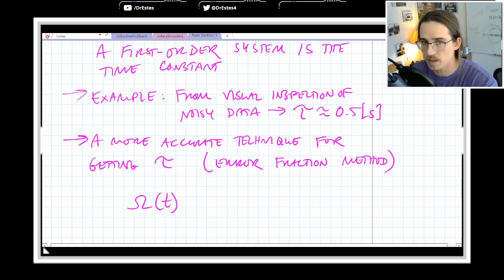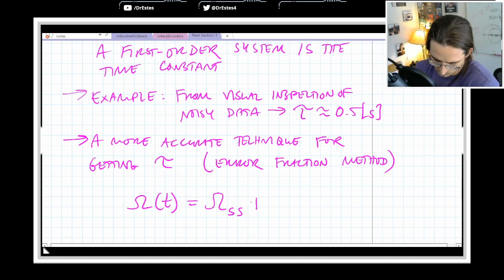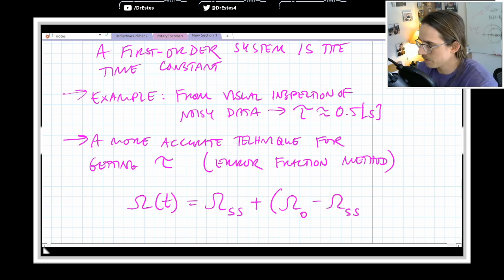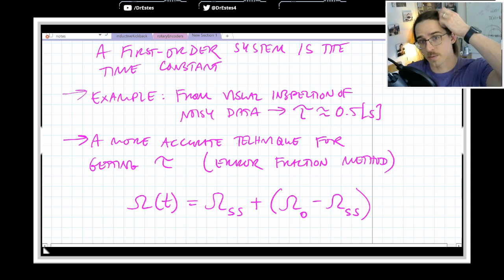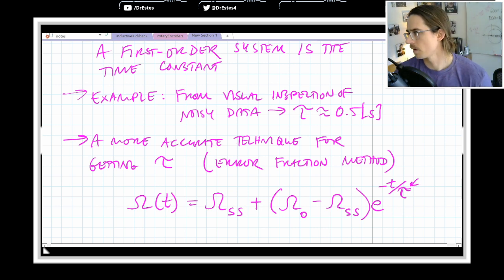Omega as a function of time, the angular velocity of this motor, is going to be the steady state value that it reaches. So in our case, it got up to like 15 radians per second, plus the initial value minus the steady state value. So initially we were at like minus 15 radians per second. You multiply this by e to the minus t over tau. And we're trying to figure out tau. Okay.